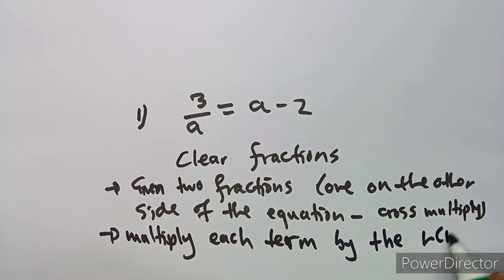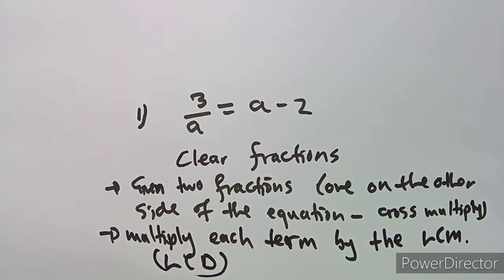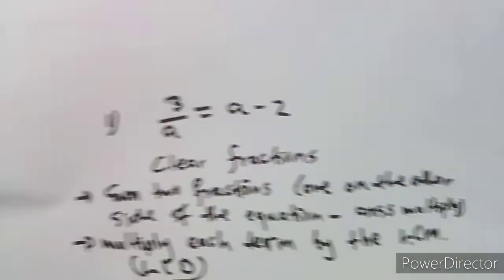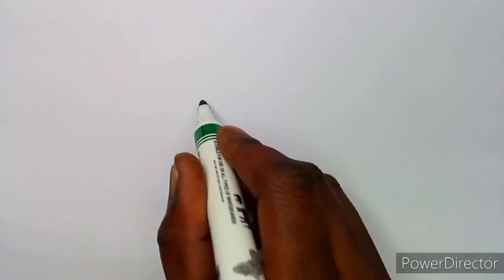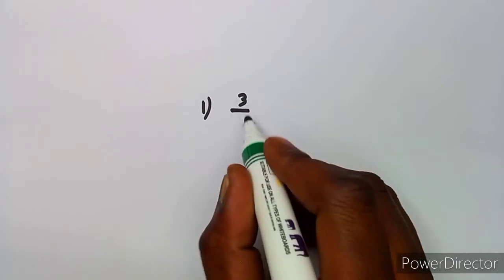Some call it the LCD, the lowest common denominator, or LCM, the lowest common multiple of the given fractions. So these are the two conditions. You have to multiply each and every term by that LCM so that you won't miss anything. That's what we are going to do to remove this fraction, 3 over a.